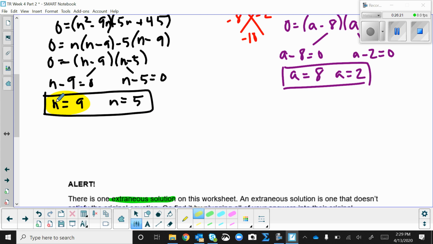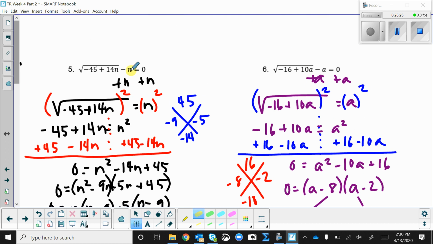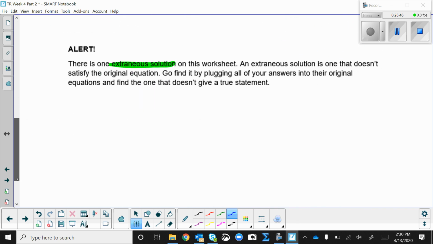You take that solution back up to the original, and you put 9 in for the n's. Then you do the math and see if it gives you a true statement. If it gives you a true statement, then the solution works. If it gives you a false statement, then it's a fake solution, quote unquote, and it's called extraneous, and you get rid of it. You don't use it in your final answer.